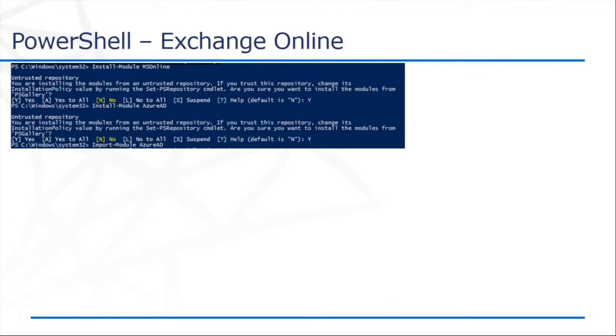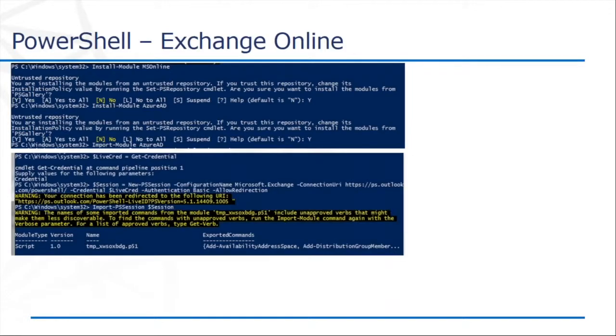You give the command install-module MSOnline, then you will get a prompt about an untrusted repository, and you click yes. Then you can install the other module, Azure AD. Once you have installed these two modules, you need to import the module, because you need to get the commands from Exchange Online. So for that you need to import the module Azure AD.